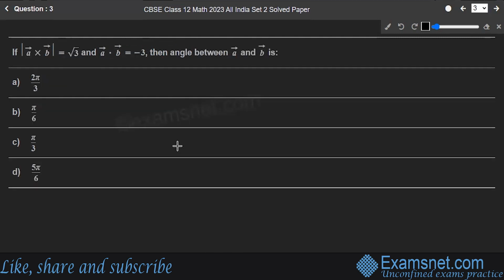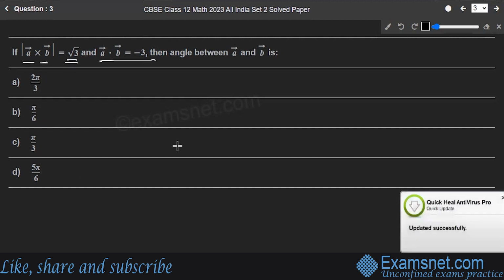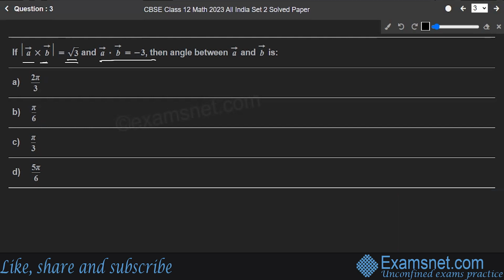Next, question number 3. If the magnitude of a vector cross b vector is equal to root 3 and their dot product is equal to -3, then the angle between a and b is equal to. Okay, so you are given that the magnitude of the cross product of the two vectors is equal to root 3, and the dot product of these two vectors is equal to -3.